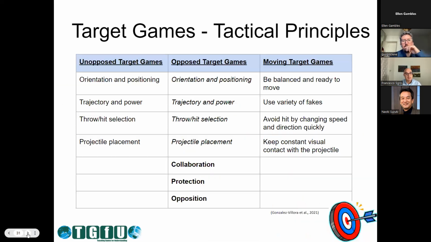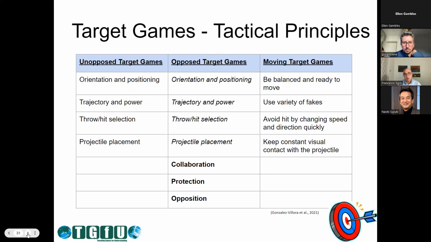Next slide, please. In these slides, I will introduce the tactical principles related to each typology of games. We start from unopposed target games. The tactical principles related to this typology of games are orientation and positioning, which means adopting the correct body orientation before a hit with respect to the target.